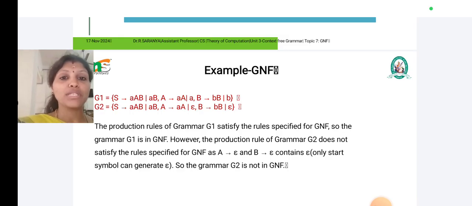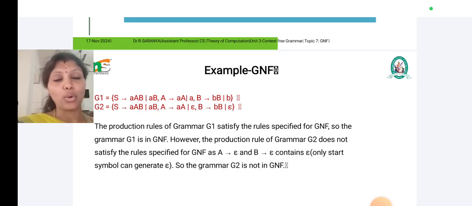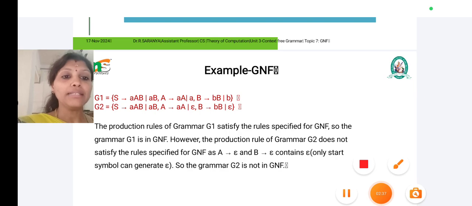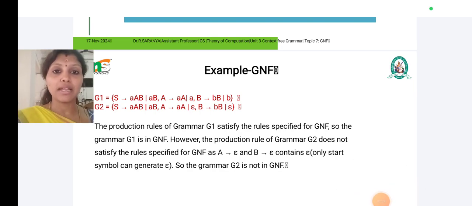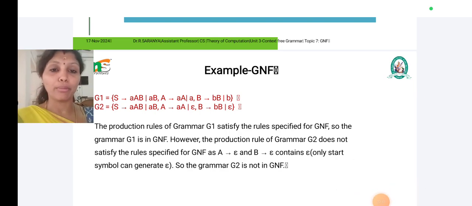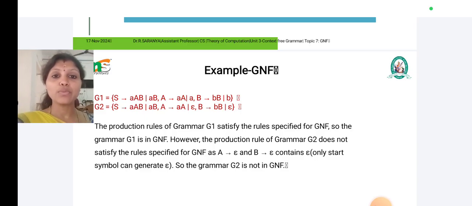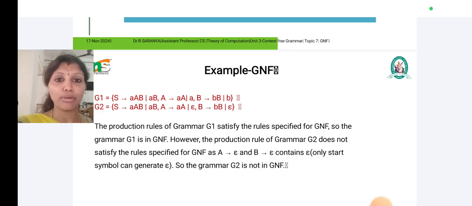If the conditions are satisfied, the context-free grammar is considered to be in Greibach normal form. Otherwise, it is not a formal grammar. Likewise, we apply the Greibach normal form conditions and test it.